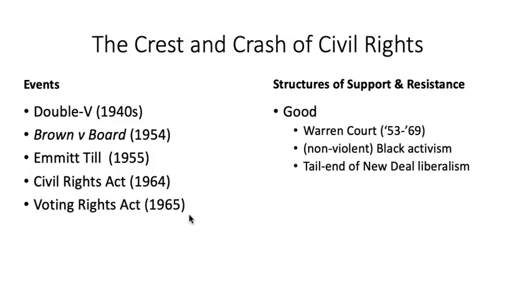For much of its existence, the Supreme Court acts as a kind of sea anchor, slowing down movements for social reform, for economic reform, what have you. The Warren Court is very different in that regard. Actually, as a side note, it's interesting because Earl Warren was a former governor of California.